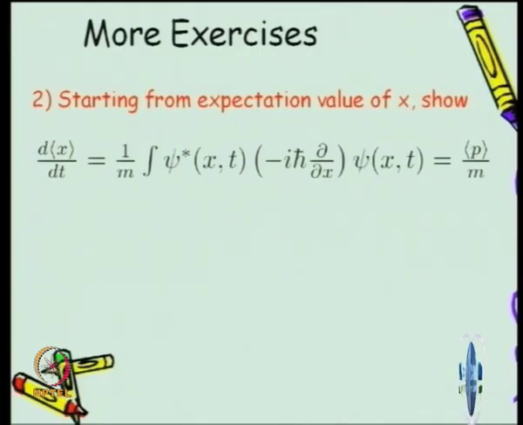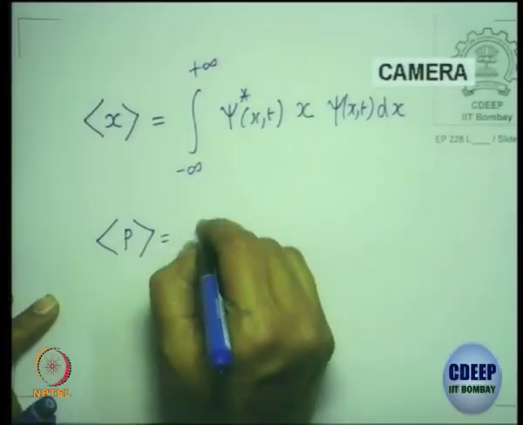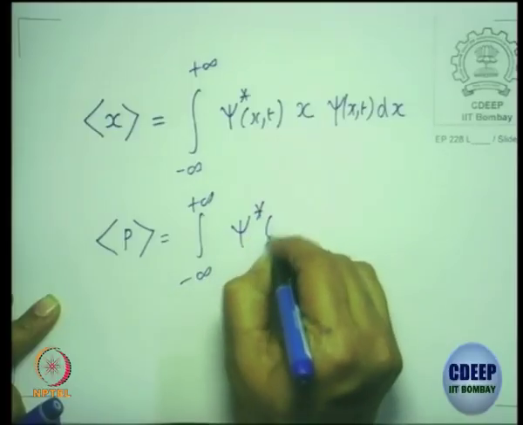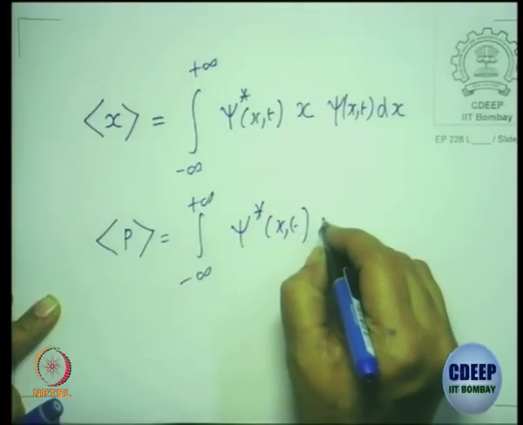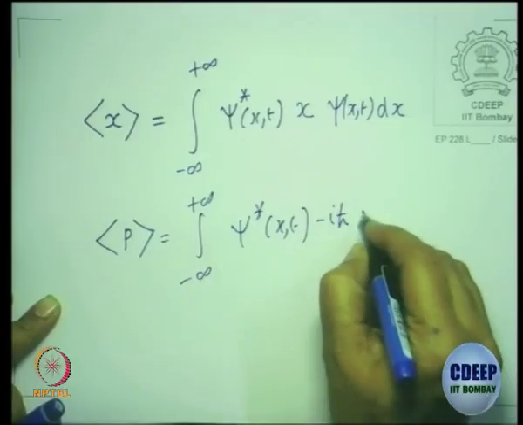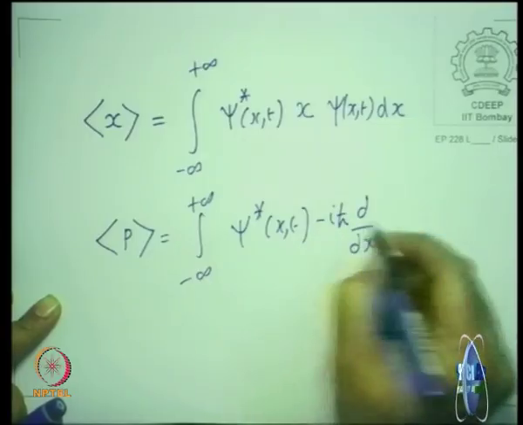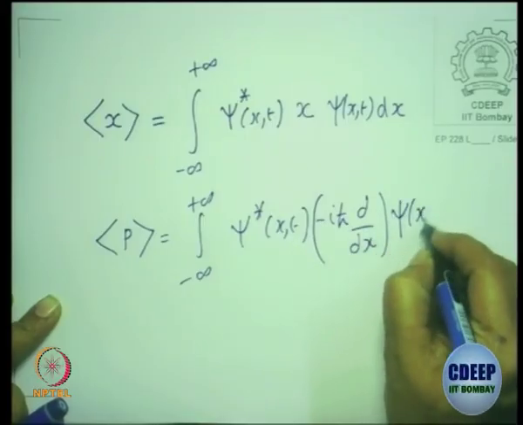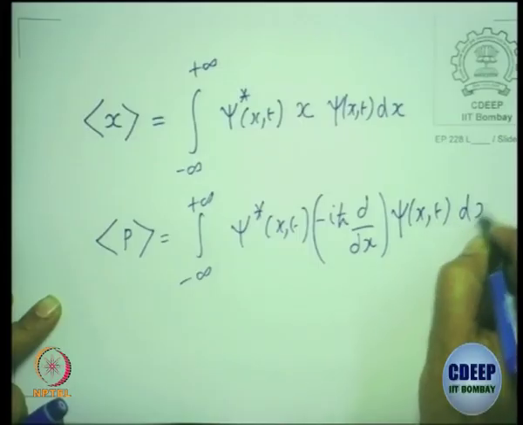the expectation value of momentum. Momentum, you all know, momentum expectation value is minus i h cross del by del x. So, that is the momentum expectation value.